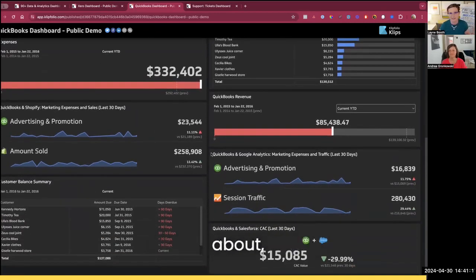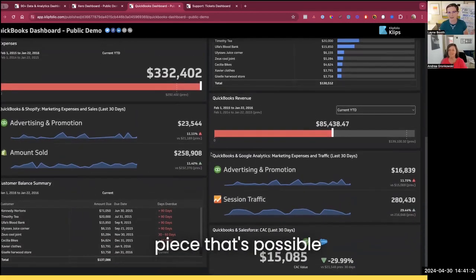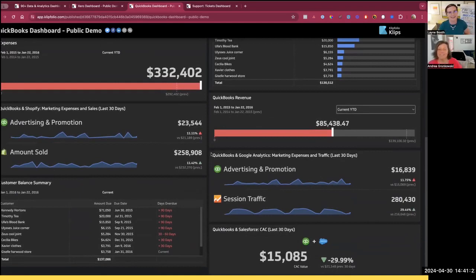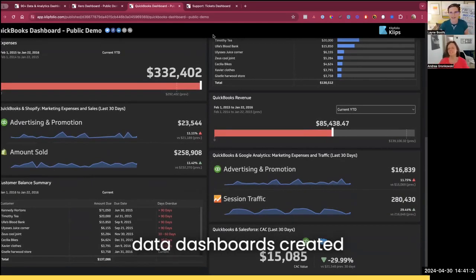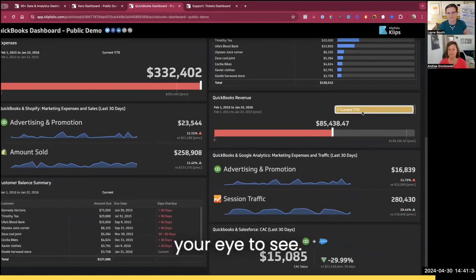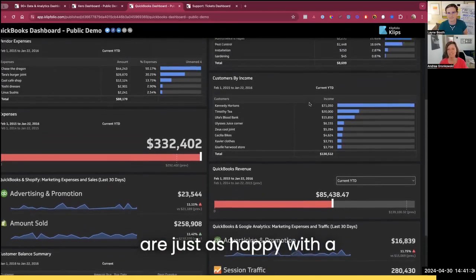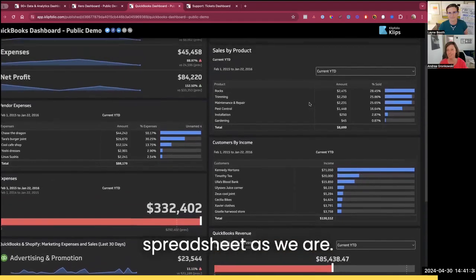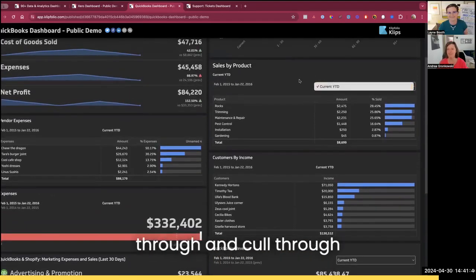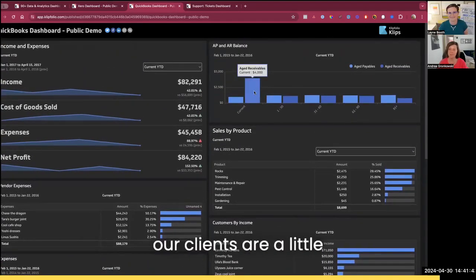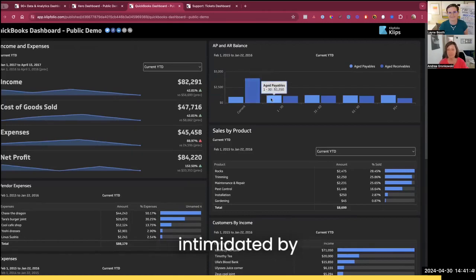Dre, anything else to add about the automation piece that's possible when you get data dashboards created digitally versus continuing to export out of QuickBooks? Yeah, I think it's really being able to visually see it, because it simplifies it for your eye. We have many clients who are just as happy with a spreadsheet as we are, and can read through and cull through the data. But a lot of times our clients are a little intimidated by spreadsheets.